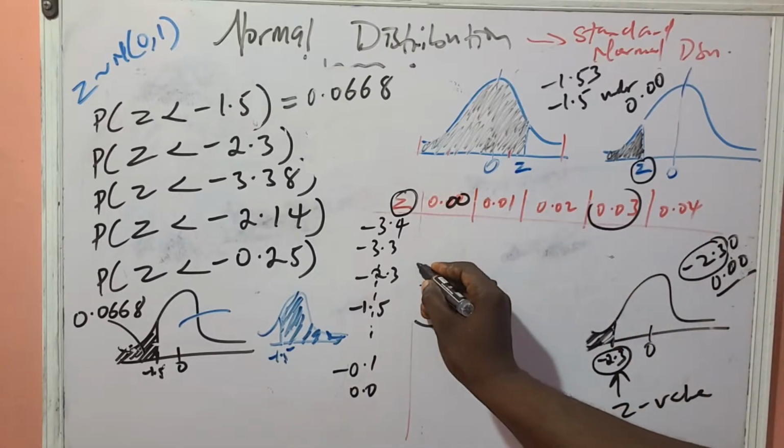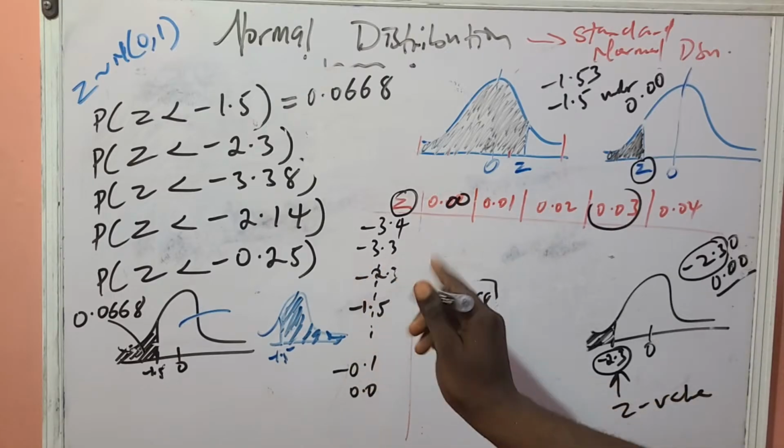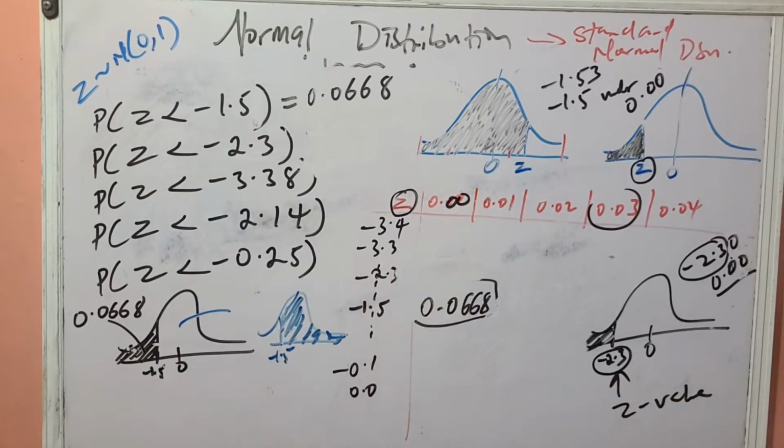So you go to your table now to find the value you see when you check minus 2.3 under 0.00. You can go on and check that quickly, guys. Minus 2.3 under 0.00. Can anybody give me the answer?